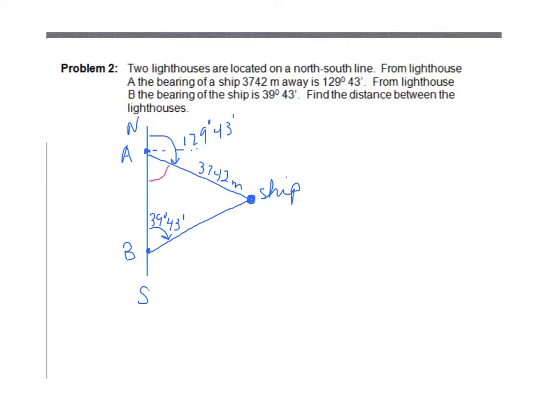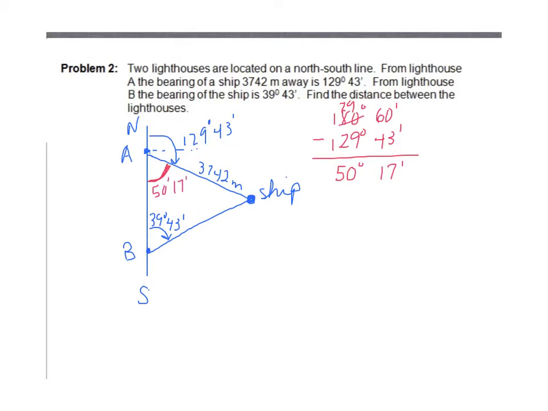I can find this angle right here by taking 180 minus 129 degrees and 43 minutes. Okay, I'm going to borrow. So this is 79. If I borrow, remember that there's 60, not 100. And this is going to leave me 17 minutes. And this will be 50 degrees, right? So that's what this is right here, 50 degrees and 17 minutes.